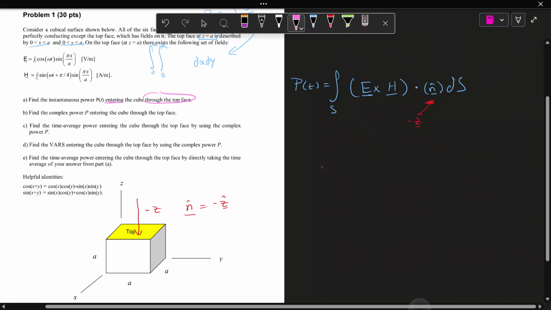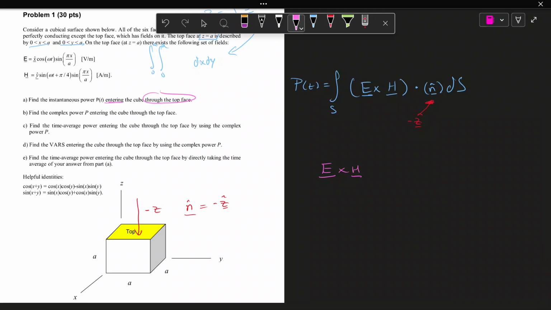Now we need to figure out E crossed with H. Note we are not doing the conjugate for instantaneous power in the time domain.